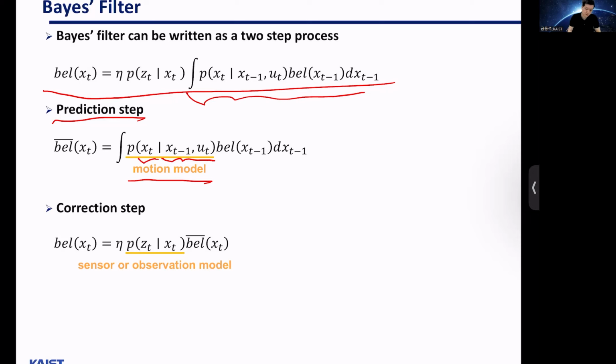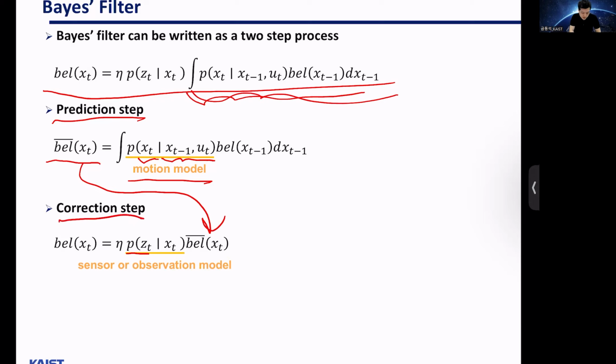Of course, we also need a distribution for that model, so that we can compute a distribution or probability. So using that, we can compute a sort of predicted belief for the prediction part, which is here, this part.